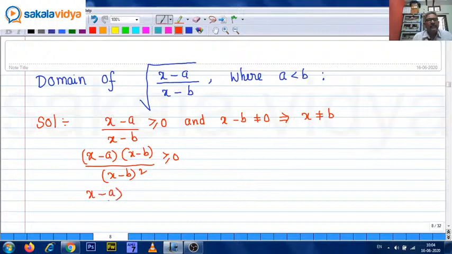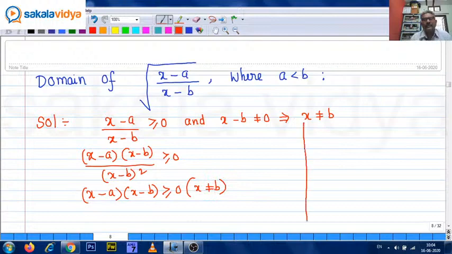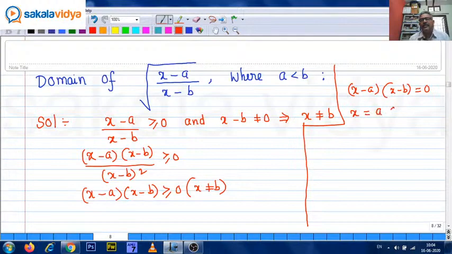So we get x minus a into x minus b greater than 0, in brackets x does not equal b. Now we need to find the critical points. For critical points, x minus a into x minus b needs to be equated to 0. So we get x is equal to a or x is equal to b. These are the critical points.